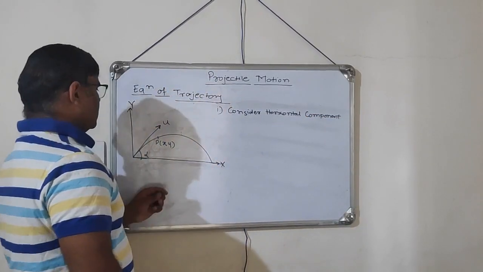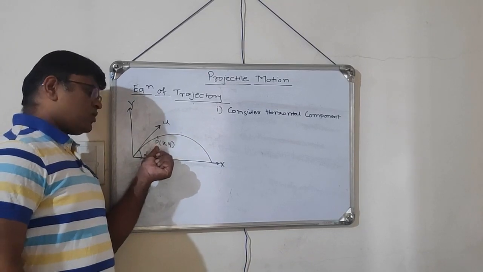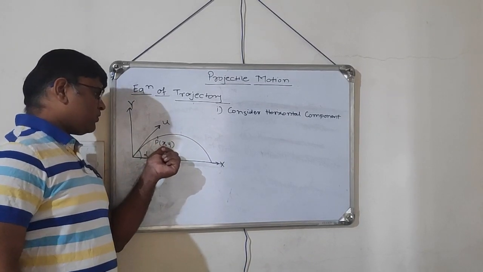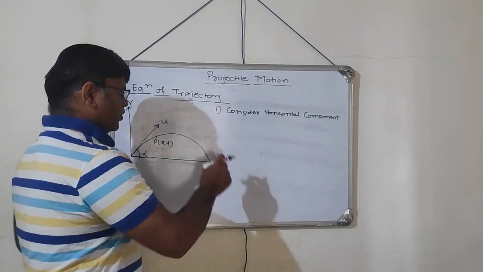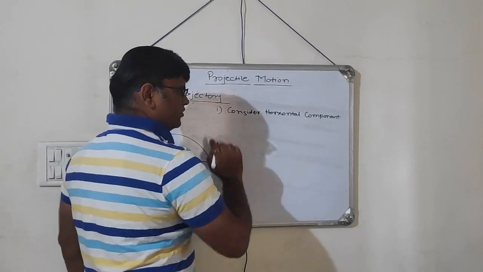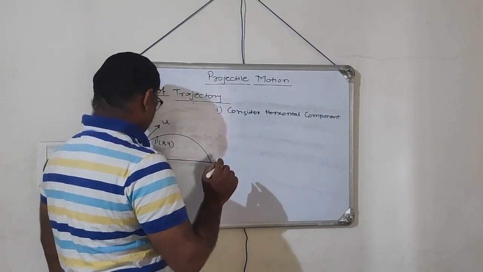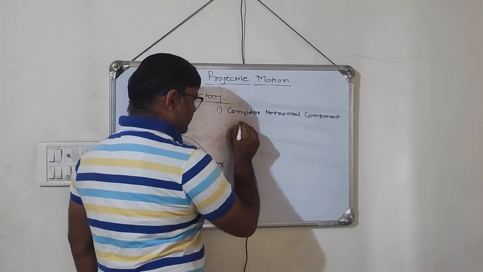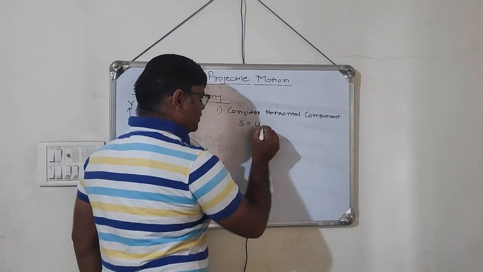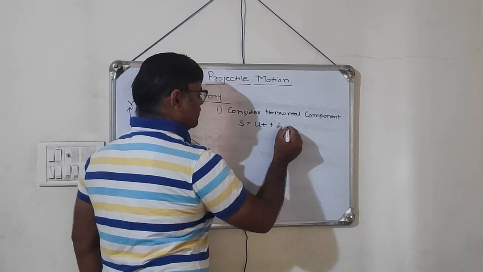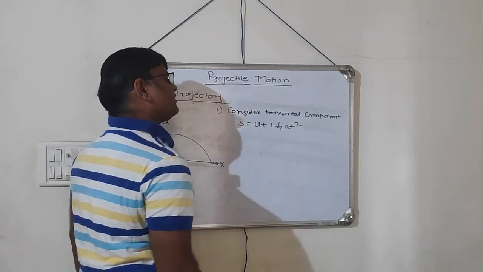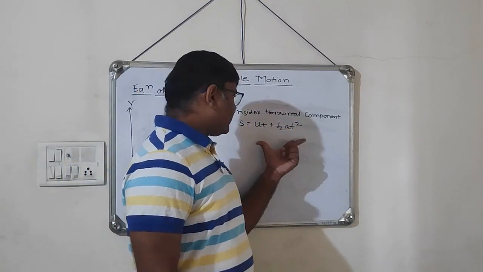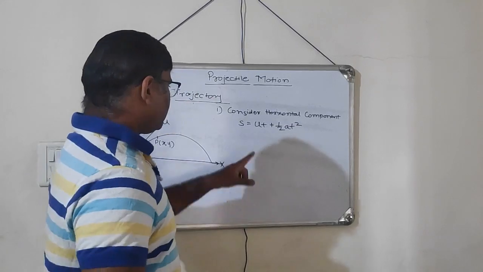As I told you, we are considering the position of the particle P, whose coordinates are x and y. So at this particular position we are considering the horizontal component or horizontal motion. So we have the formula S is equal to ut plus half at square. Why have I considered this particular formula? It is very simple.